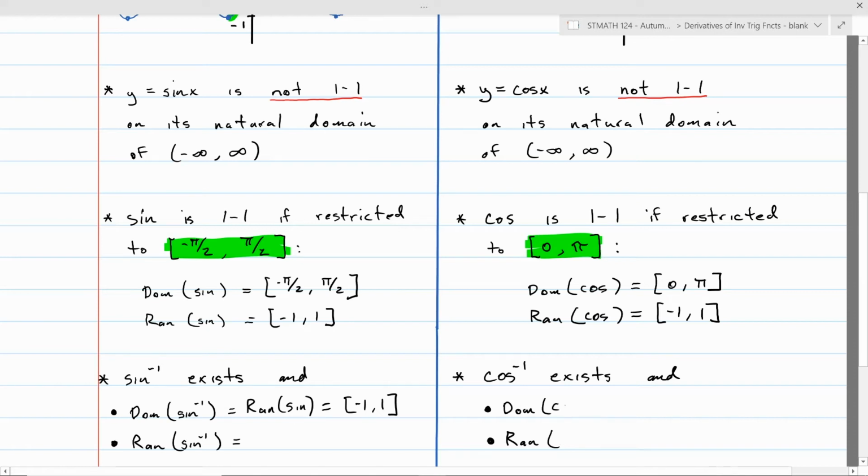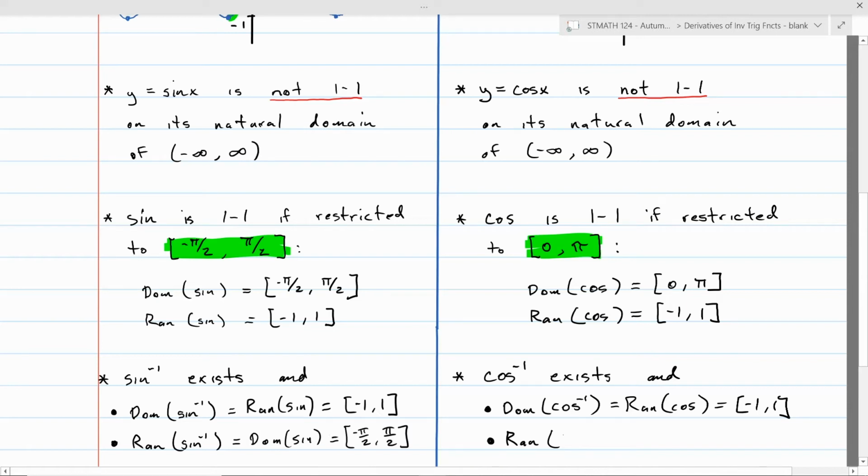And the same thing happens with the inverse cosine function. The domain of cosine inverse is the same as the range of cosine, which is negative 1 to positive 1. And the range of sine inverse is the same as the domain of sine, which we've restricted to negative pi over 2 to positive pi over 2.